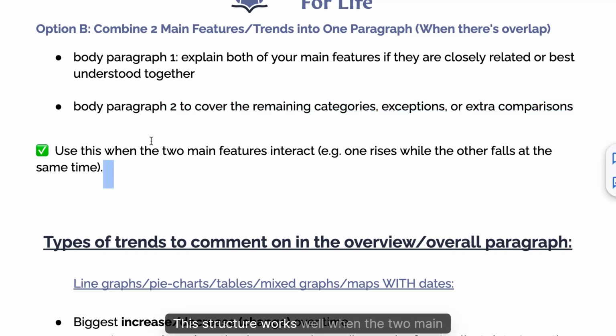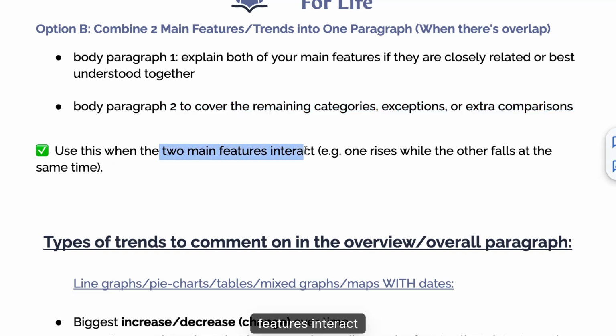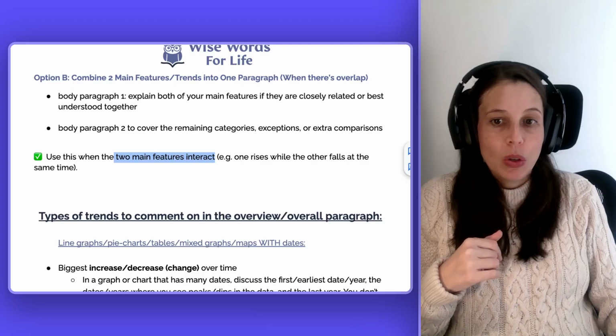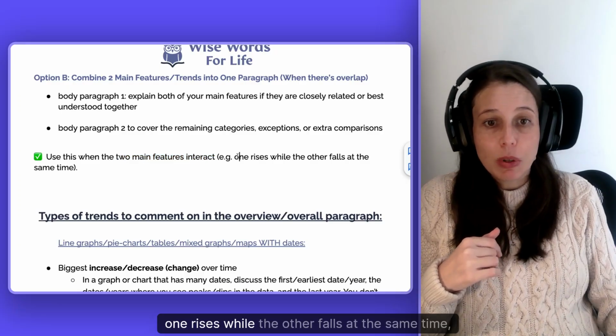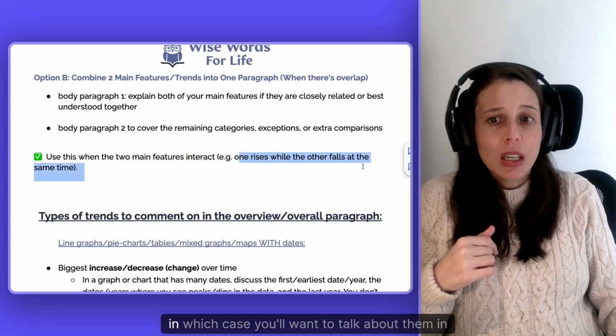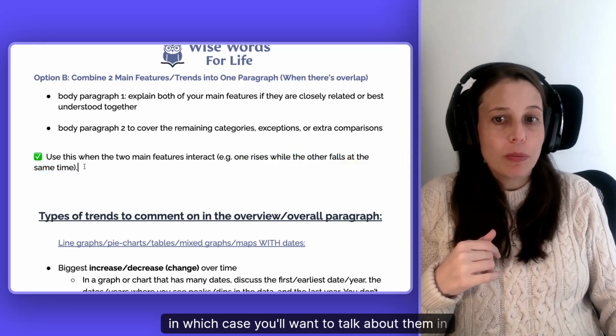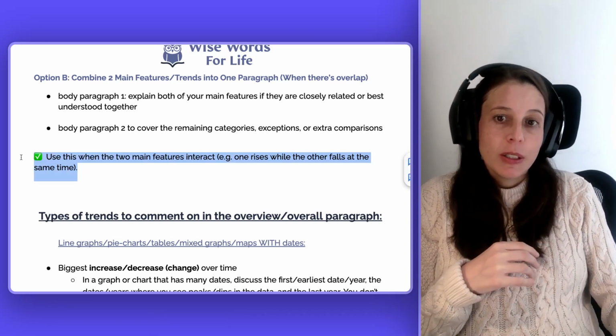This structure works well when the two main features interact in some way. For example, when one rises while the other falls at the same time, in which case you'll want to talk about them in the same paragraph.